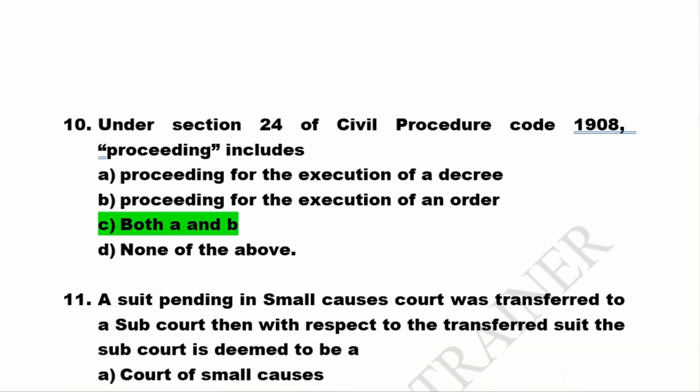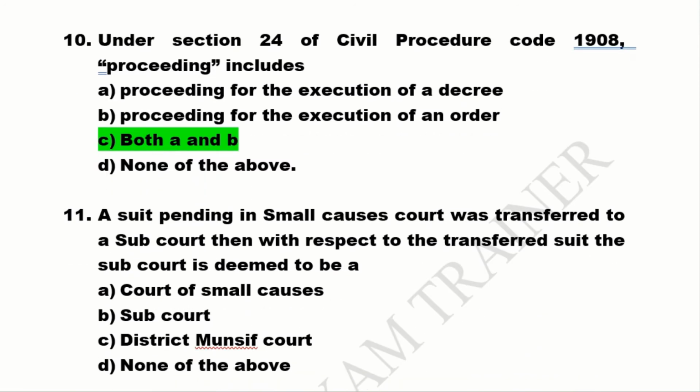Let us move to question number 11. A suit pending in small causes court was transferred to a subcourt. Then, with respect to the transferred suit, the subcourt is deemed to be a option A, court of small causes, option B, subcourt, option C, district municipal court, option D, none of the above.